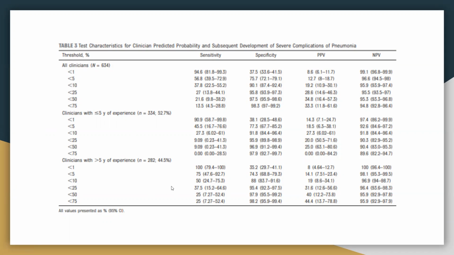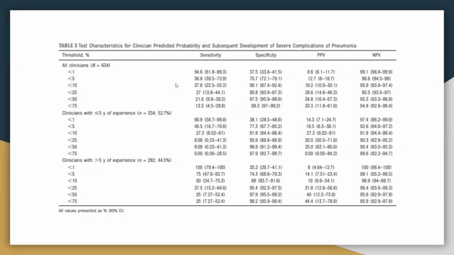And what you'll notice is that it all lines up across the board. So they're pretty good at figuring out which patients were at low risk and which ones were at higher risk. You'll notice the general trends in sensitivity and specificity across the board. Sensitivity is higher in patients that are at lower risk of developing complications.